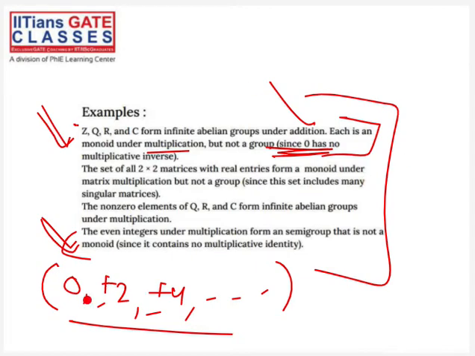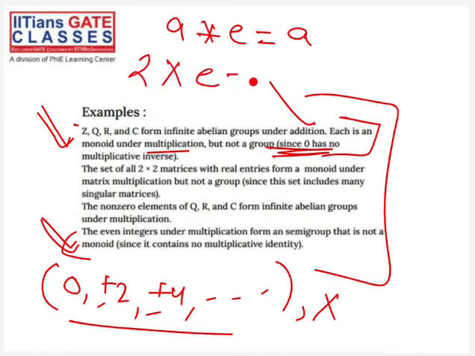This is your base set of all even integers, and your operation is multiplication. Then you can check that there is no identity element, because the definition of identity element is like this: a multiplied by e must be equal to a, right? So for example, let's take 2 multiplied by e, then it should be equal to 2.